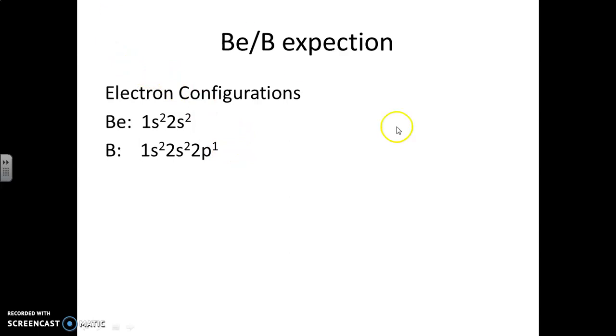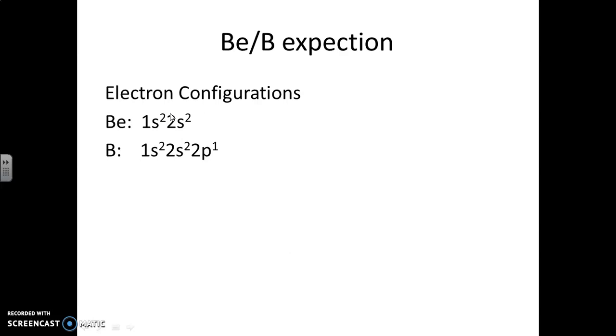So because in boron the electron is further away from the nucleus because it's in the 2p, not the 2s, it's actually easier to remove this electron, even though B has more protons, because the 2p is further away than the 2s.